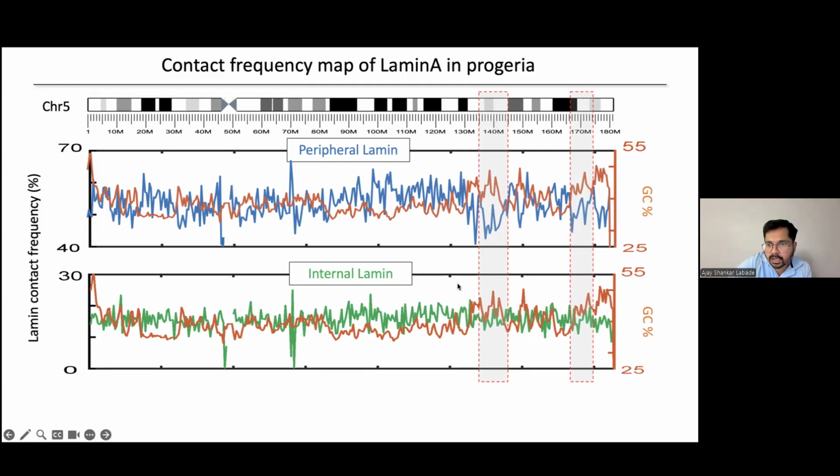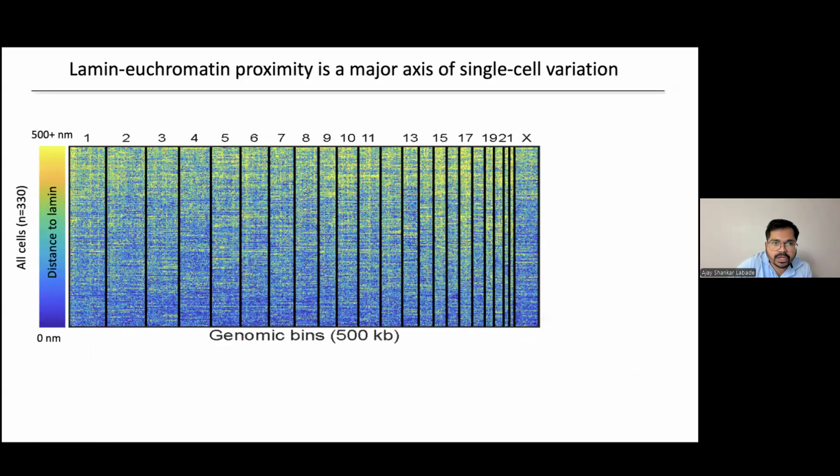We did an ATAC in normal cells, so that for each fragment we can have an ATAC score from normal cells. So we compared the ATAC score of each of these small bins, 500 kb bins, for all chromosomes and all cells. On the y-axis here are all the cells. You can see horizontally, these lines are basically all cells.